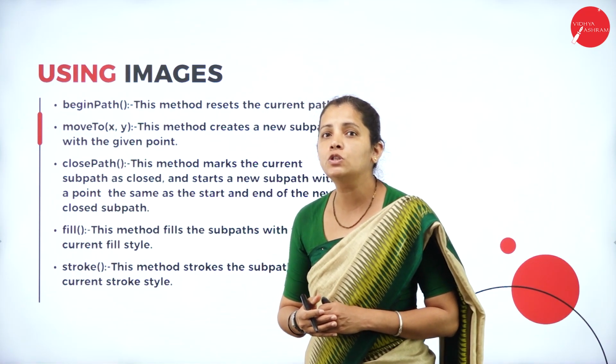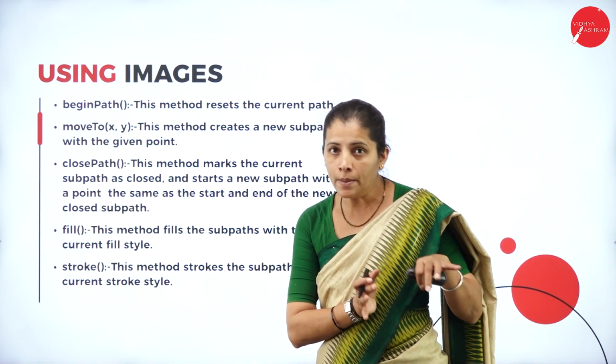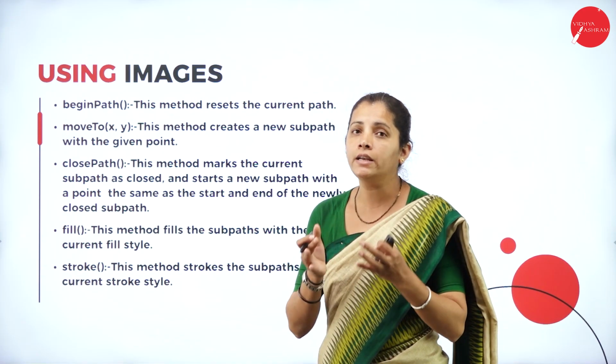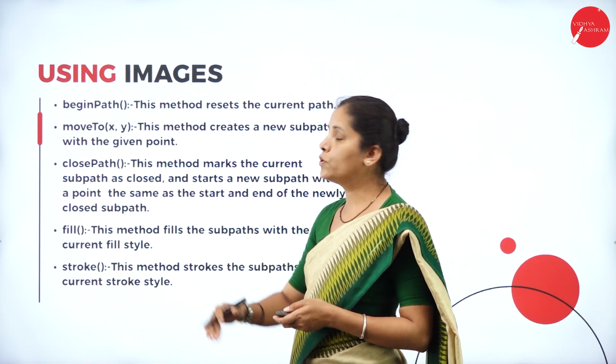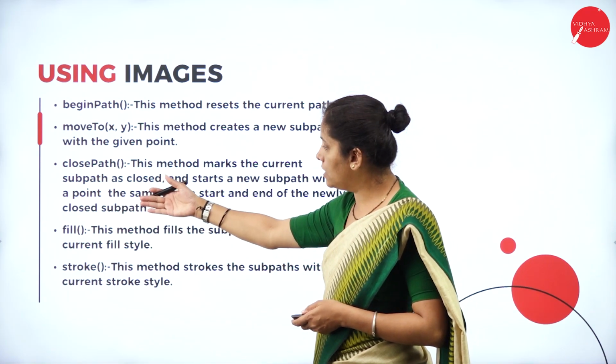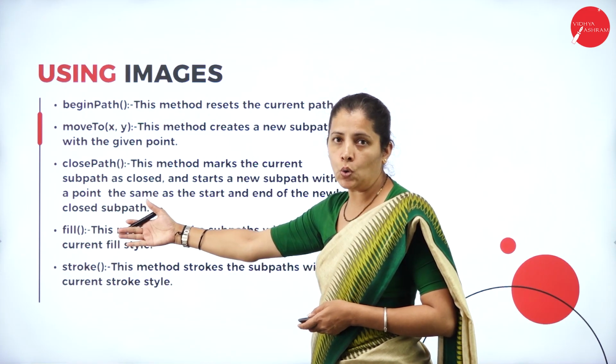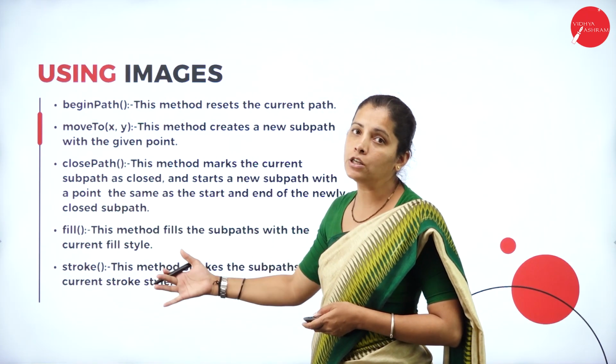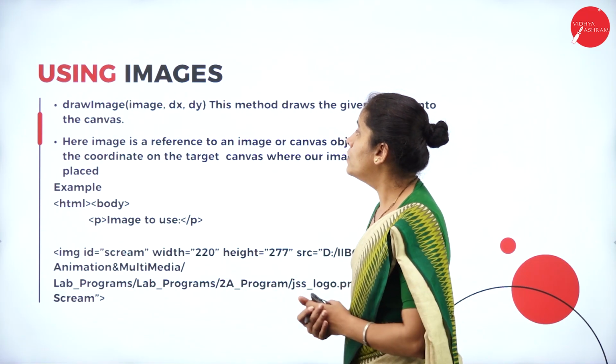Then what about closePath? I want to close the previous path and create a new path. For that, I'm going to use closePath. Along with that, if I want to fill the color, or if you want to have strokes, then I'll use the fill and stroke methods. Okay, fine.